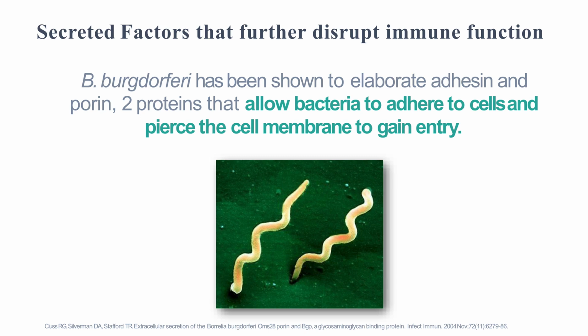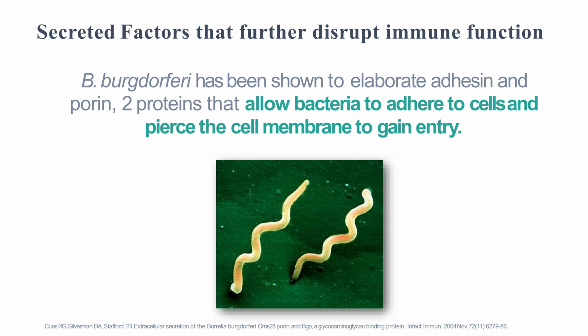And this is so impressive, because what they're able to do is they are able to release adhesin and porin. And these are two proteins that allow bacteria to adhere to cells and pierce the cell membrane to gain entry. So it's again about overloading the immune system so that the immune system is going, there's so much to fight, I cannot keep up.